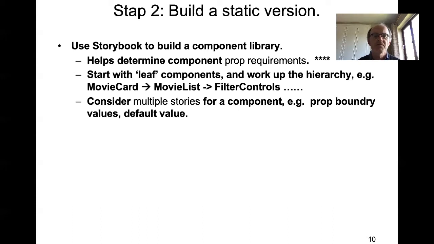Take each of the leaf components and implement those and get Storybook to render those components for you so that you at least get that working. So in the context of the movies app, you would implement the movie card, the movie list, the filter controls. Only take the components towards the bottom end of the hierarchy though.